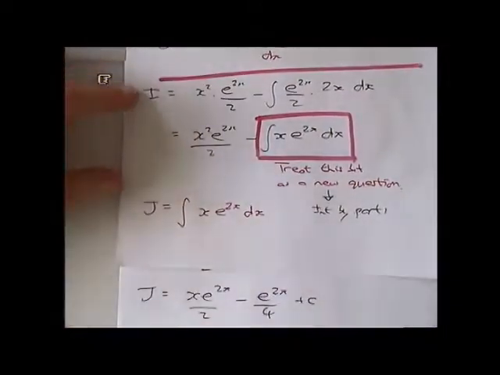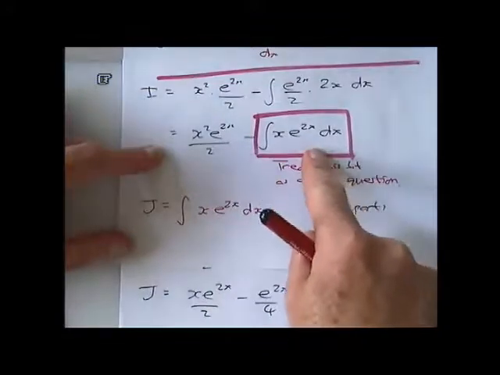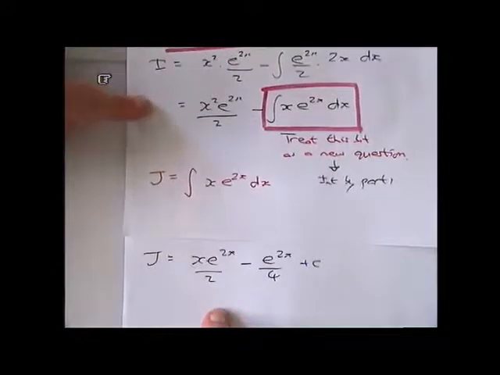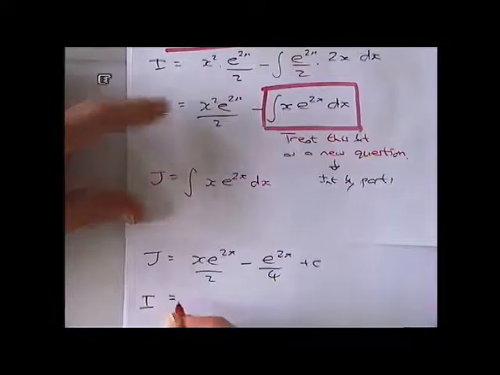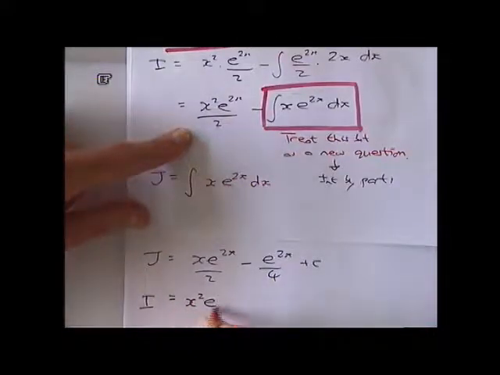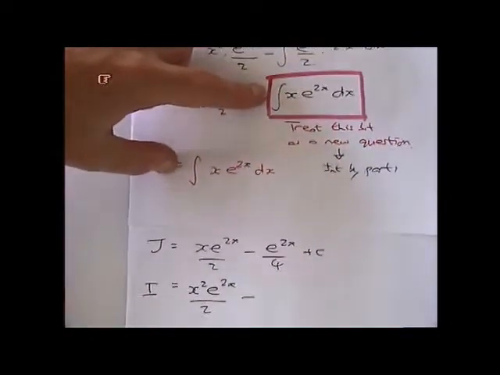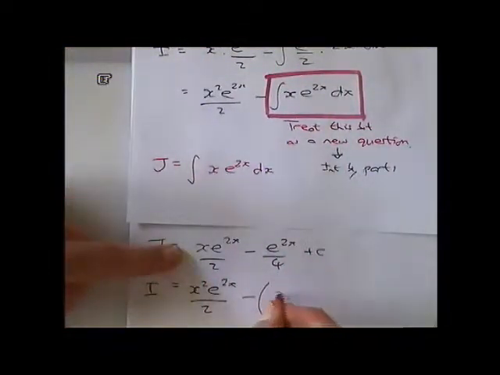So, if I bring back from earlier on, the integral I'm doing is that take away J, because that bit there is what I called J, which is this bit here. So now put it together. I'm putting this line here together with this line here. My original integral was equal to x squared e to the 2x over 2 take away this thing I worked on, which I called J. I do need to put it in brackets, and then J is this thing here.